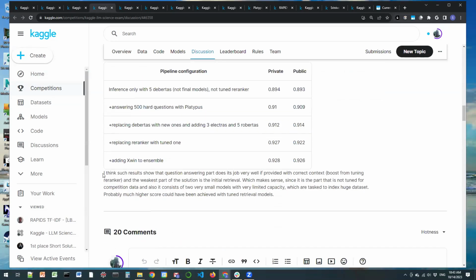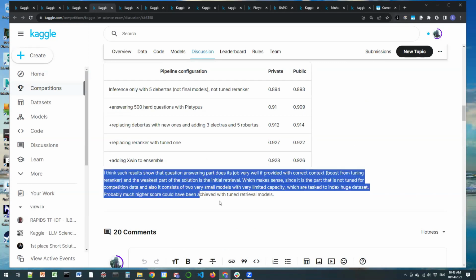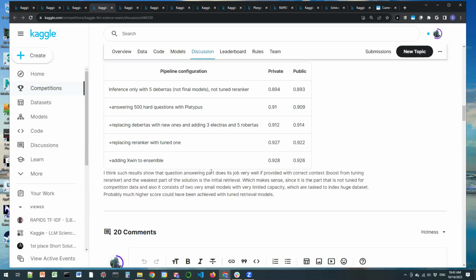I guess this paragraph kind of touches on what you were talking about, right? It says that the question answering part does its job if provided with correct context, and that's why you get the boost from tuning the re-ranker. The weakest part is the initial retrieval, which is also consistent with what Steve pointed out the first place guys did, which is spend most of their time cleaning up the initial retrieval.